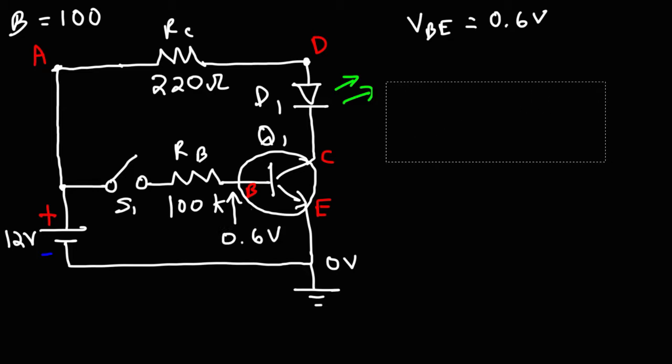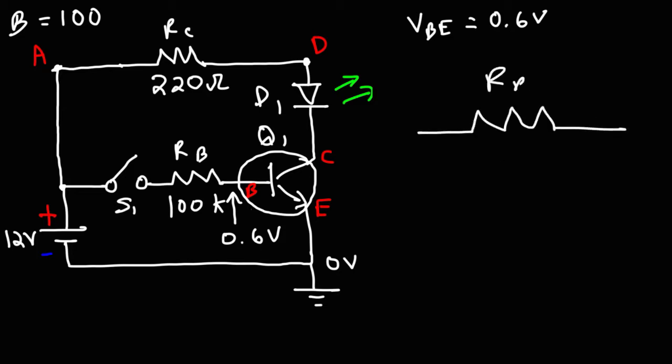Now that we know that, we can calculate the current flowing through RB, which is IB. The potential here is at 0.6 volts, and the potential on the other side of the resistor, when S1 is closed, is the potential at point A, which is 12 volts.